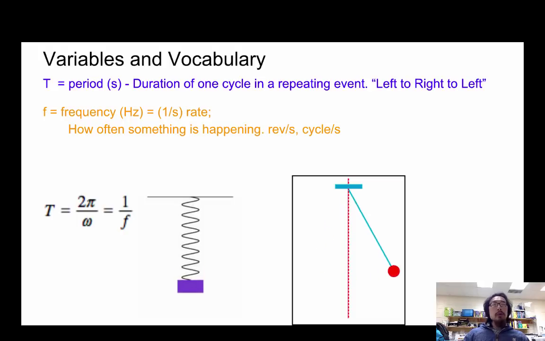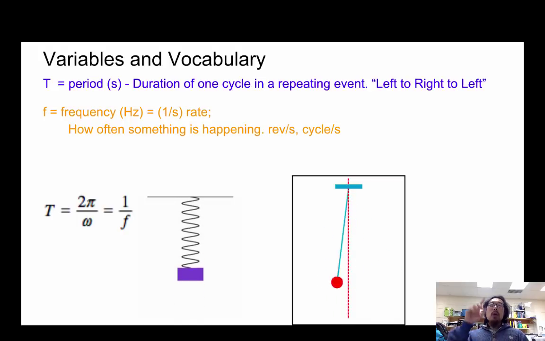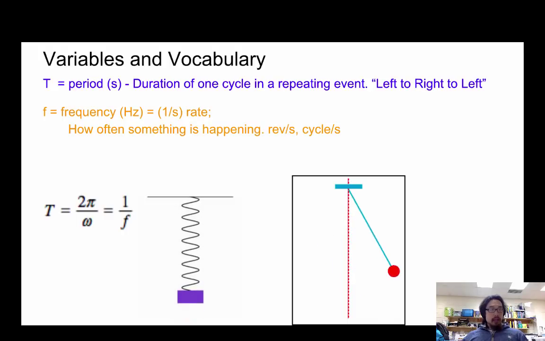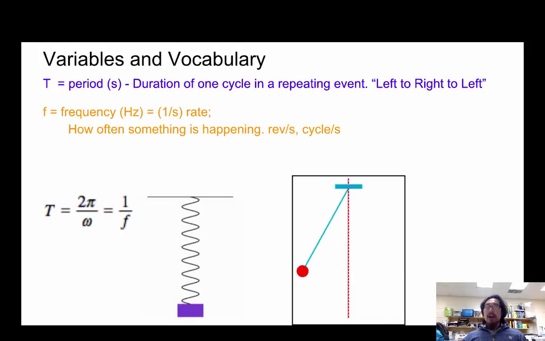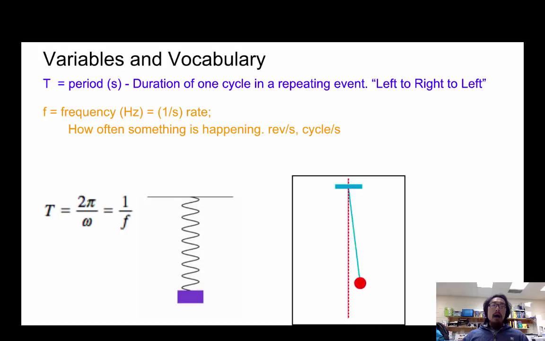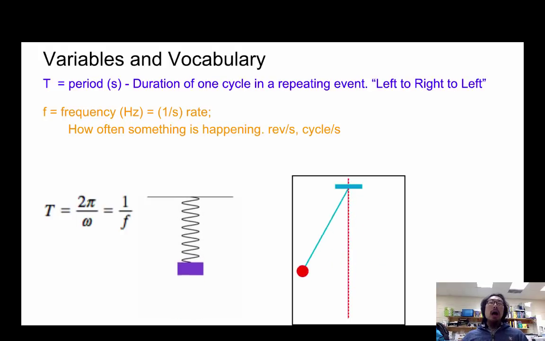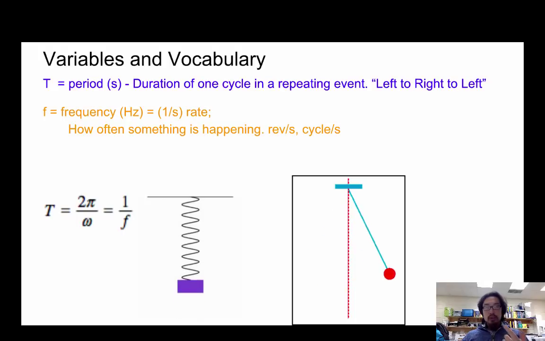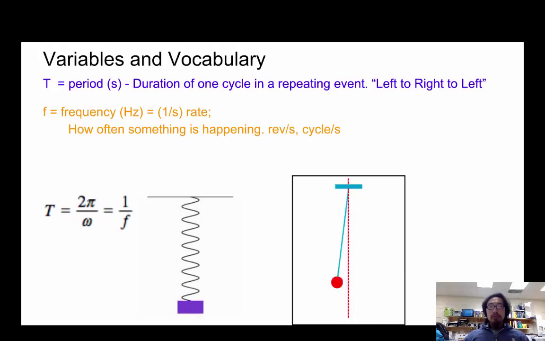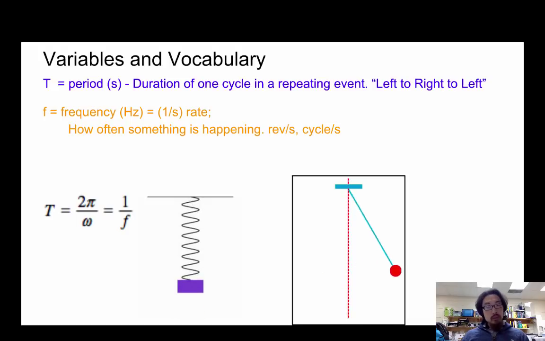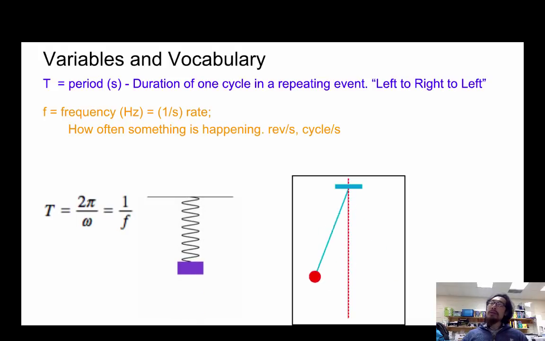Frequency. The unit for frequency is hertz, or we could also write hertz as 1 over seconds, and it's used to describe a rate. So basically how often something is happening. When we were doing circular motion or rotational motion, we called frequency revolutions per second or radians per second, and sometimes you might see it as cycles per second.